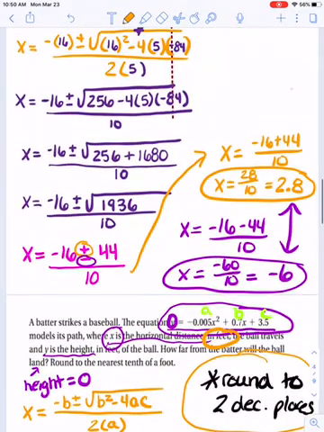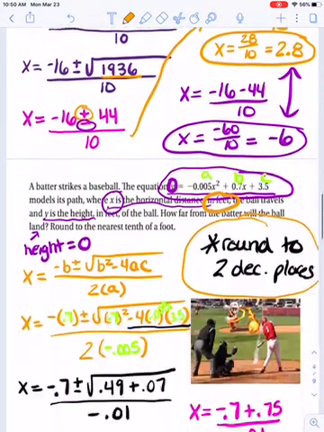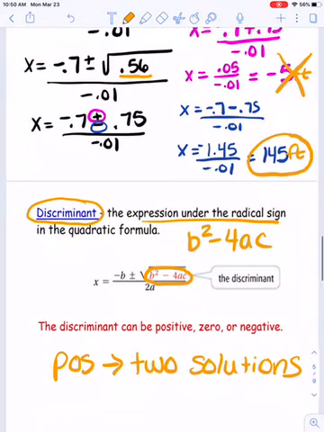Same thing up here, our discriminant was a positive 1,936, and we ended up having two solutions for x, 2.8 and negative 6. The reason that works is because if I take the square root of a positive number, remember back to when we solved quadratics using square roots, we had a positive and negative, whatever that square root is. That's why we have two solutions.